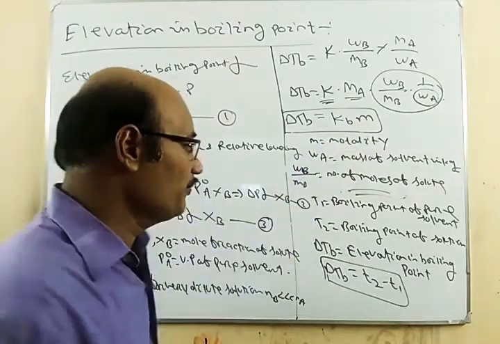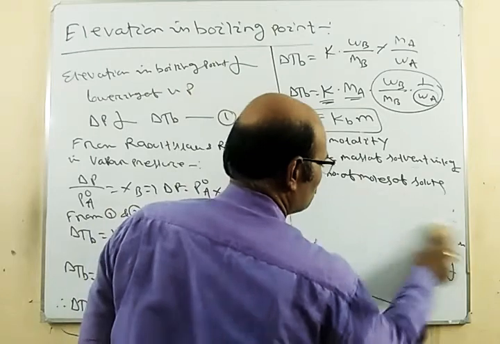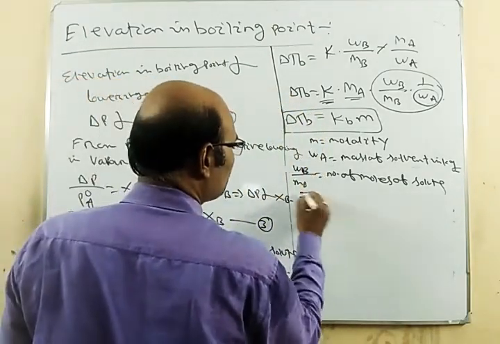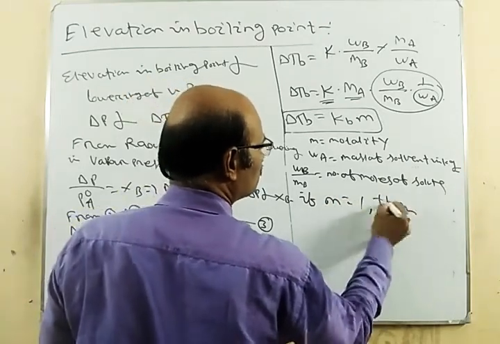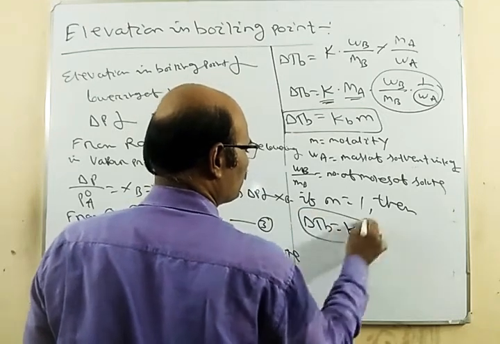Okay. So here I can write, if m is equal to 1, then delta TB is equal to Kb.